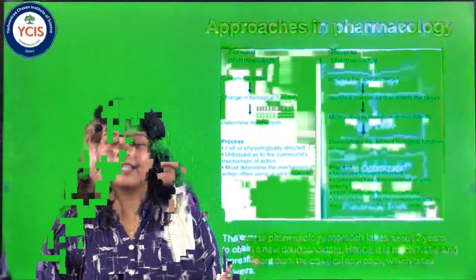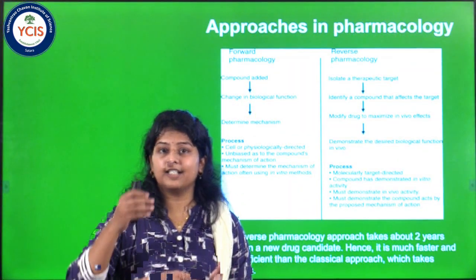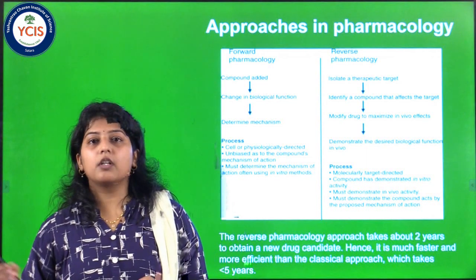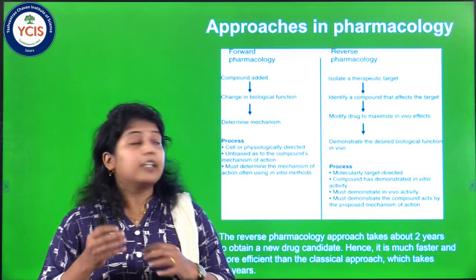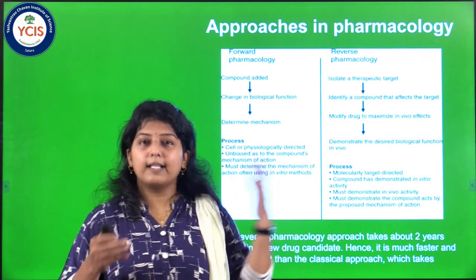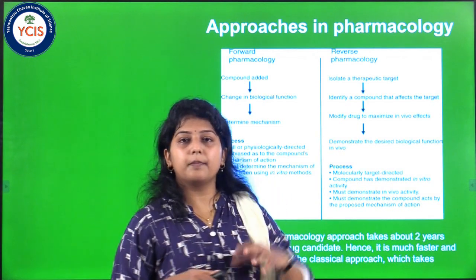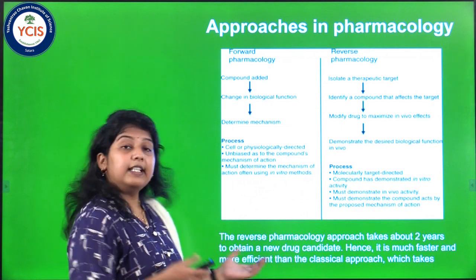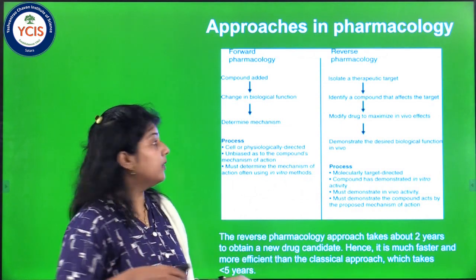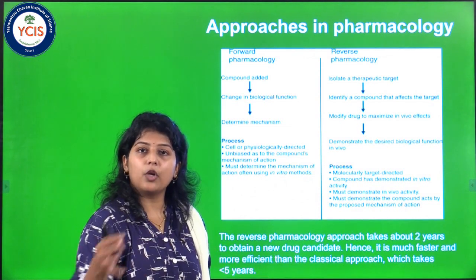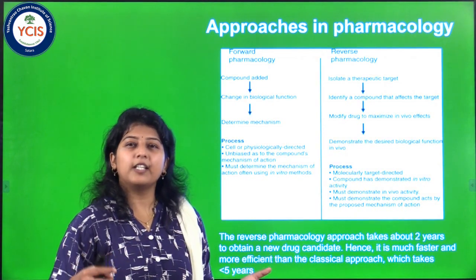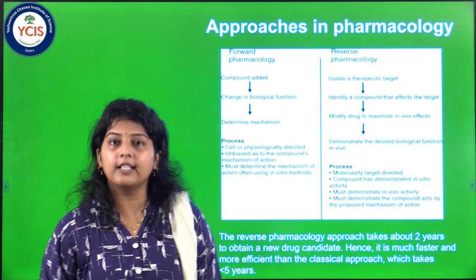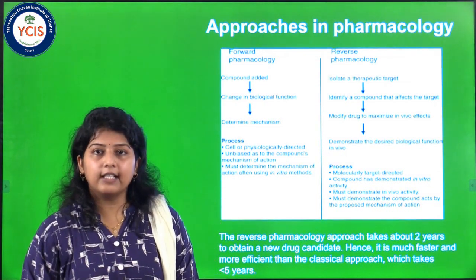You can isolate from that library the drug that is perfect for your receptor. Then comes lead optimization, where you optimize the drug you found from the data bank by changing its functional groups with rational drug design, using structure-activity relationships. So this is the difference between forward pharmacology and reverse pharmacology.